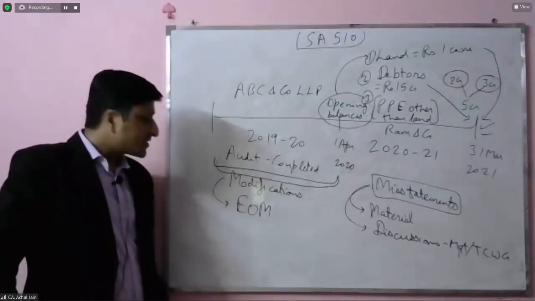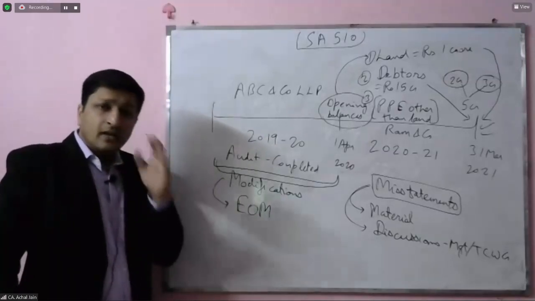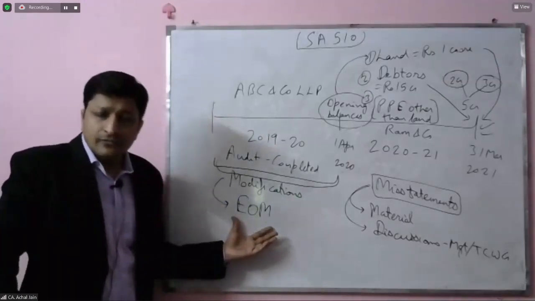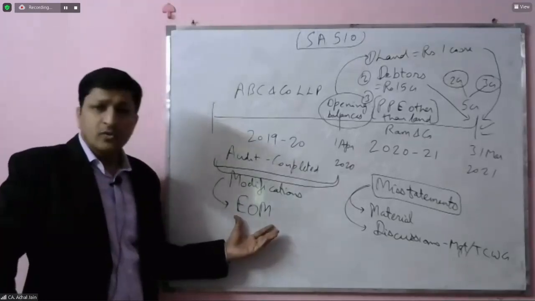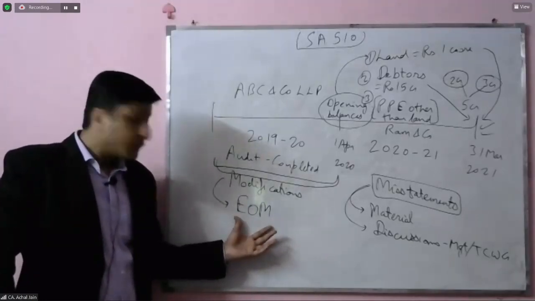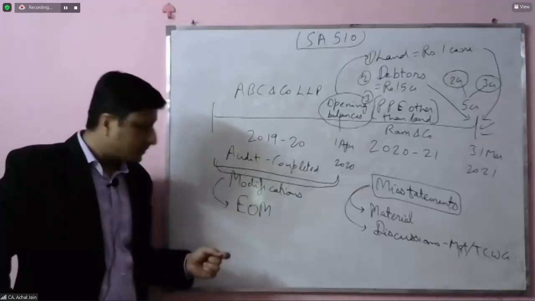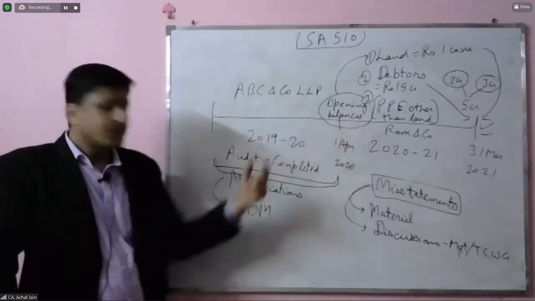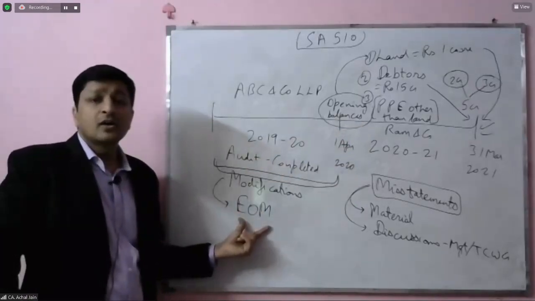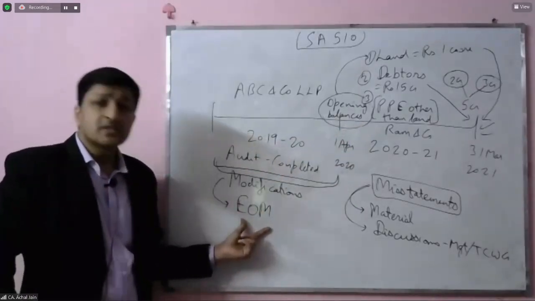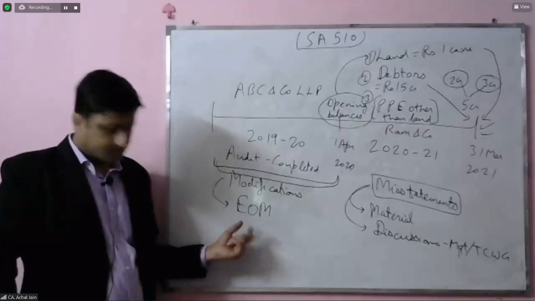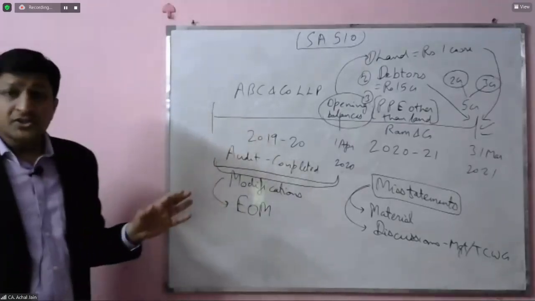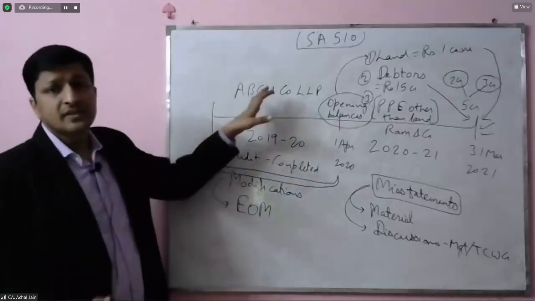For the time being, we're just looking at a few situations wherein, let's suppose, an opinion was issued which carried emphasis of matter, and which the new auditor believes should have a qualification instead of this emphasis of matter. Then here again, the new auditor will not change anything related to the previous year.